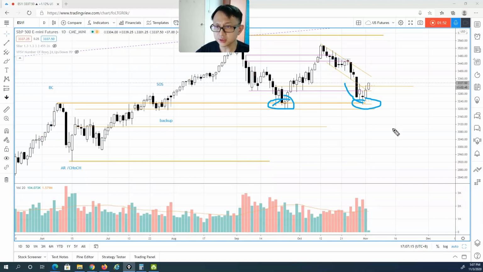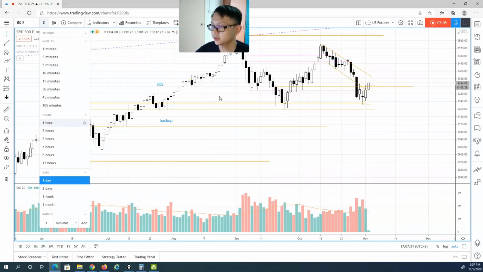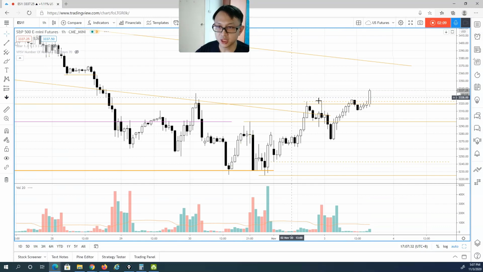You can see that yesterday we had a rally, so that's not too bad, and in terms of the volume, it's still relatively high. But one thing that I'm not very happy about was in the hourly chart. We just had the rally kind of stop right at this 33.20.